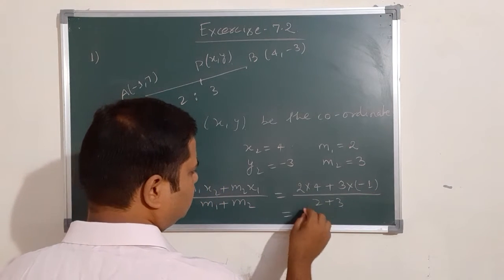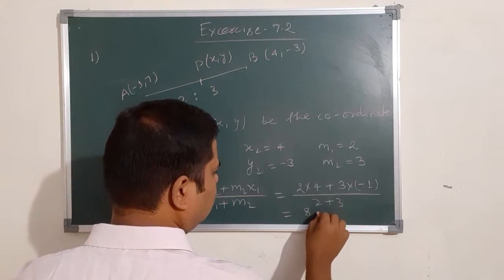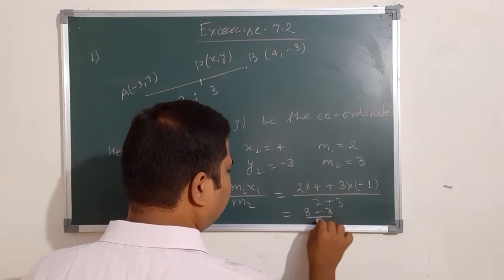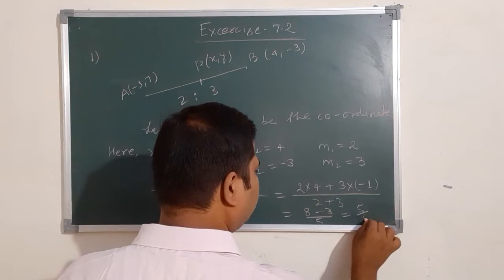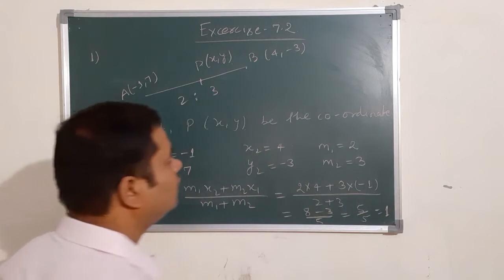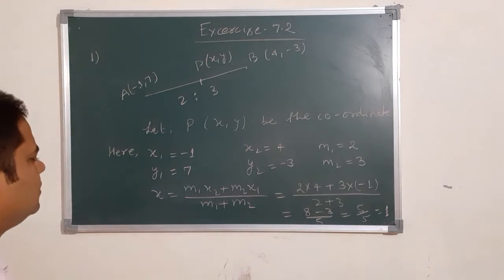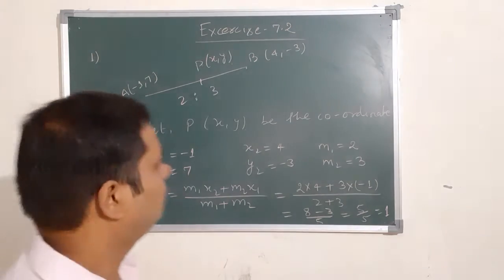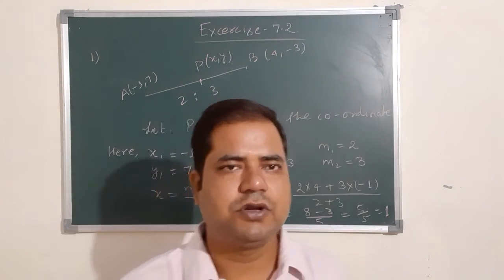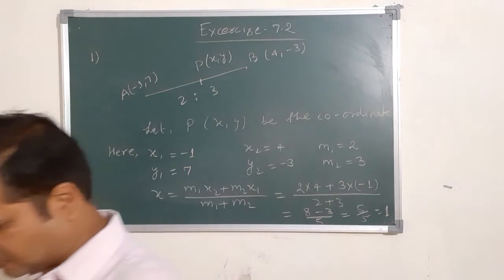So this is 8 minus 3 divided by 5, so this is 5 by 5, which is 1. So x is equal to 1. Similarly, we can find y.